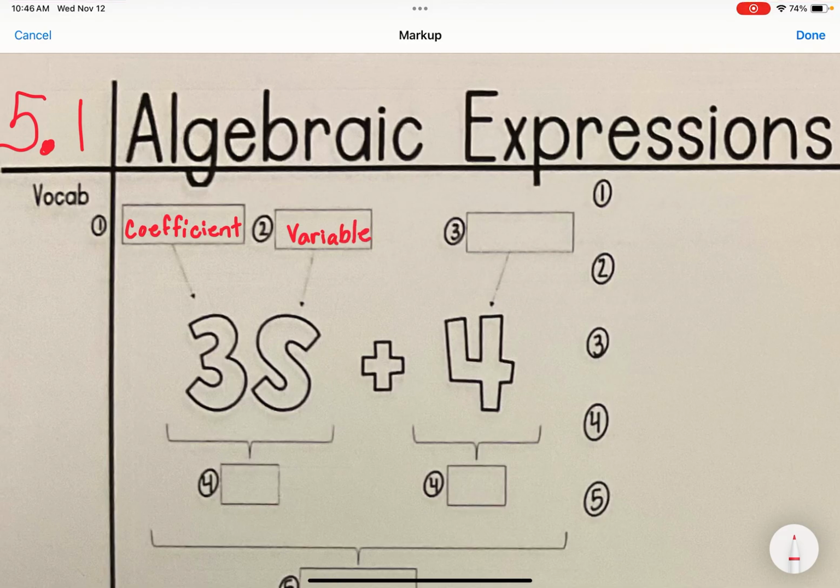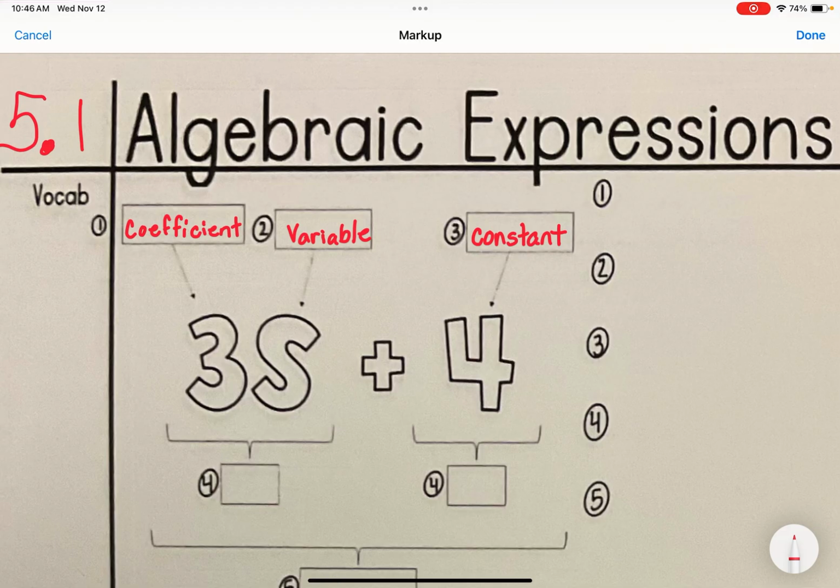Now the variables don't have to be S. It could be an X, it could be a Y, it could be an N. The variable is the letter, okay? So whatever the letter is, that's your variable. And then we have plus 4. So that 4 that's out there all by itself is called the constant. It's going to stay the same. It's going to stay a 4.